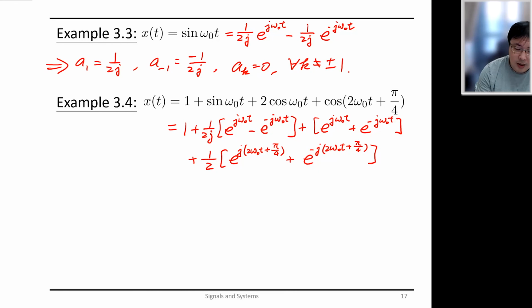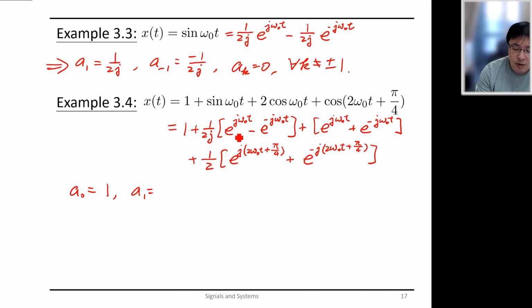All right, so then just by observation, we can find the coefficient A0, which corresponds to the constant term, should be 1. And then A1 corresponds to the coefficient of the term e to the j omega naught t.